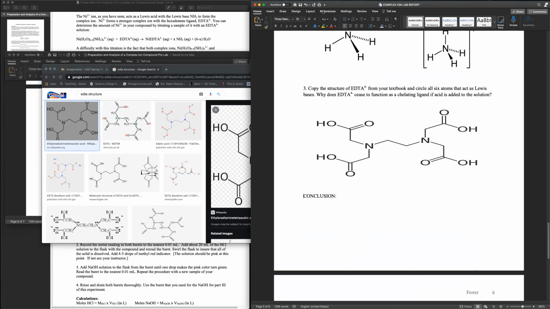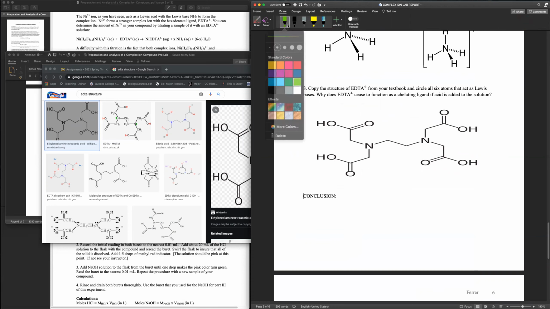What am I circling? So it acts as a Lewis base, which means that it's an electron pair donor. So you're going to circle the things that basically have electron pairs. So you can circle the oxygens with the lone pairs and the nitrogens as well.